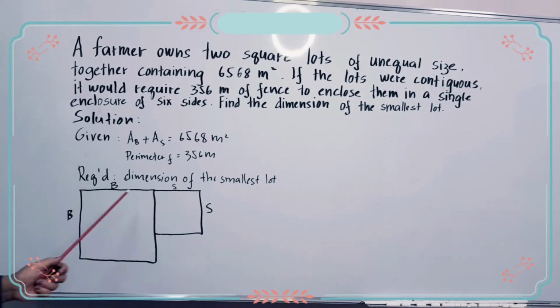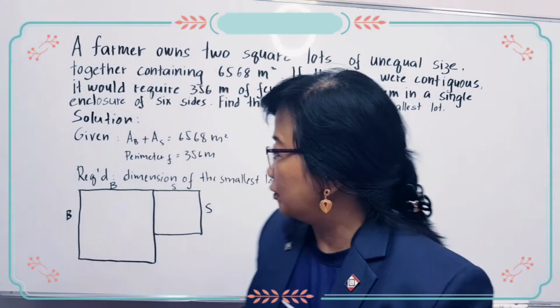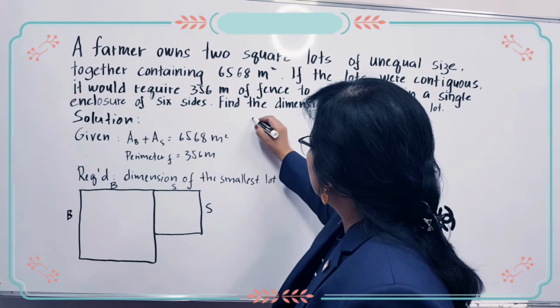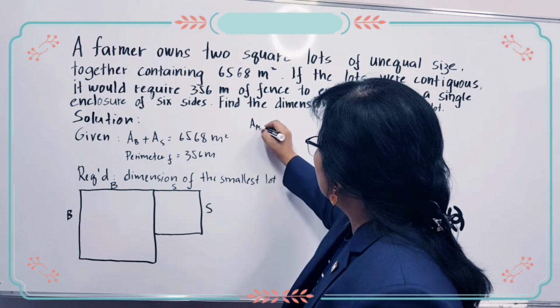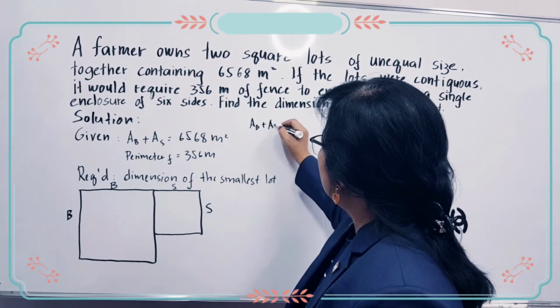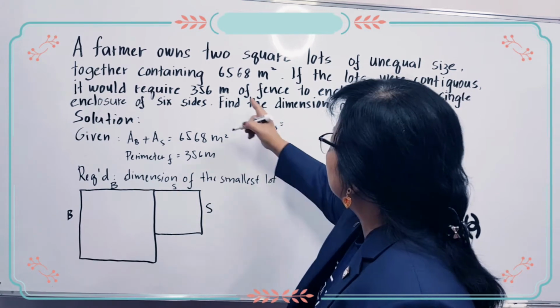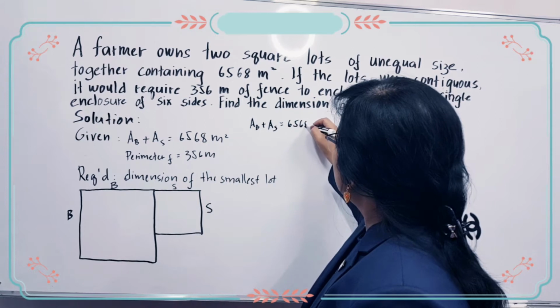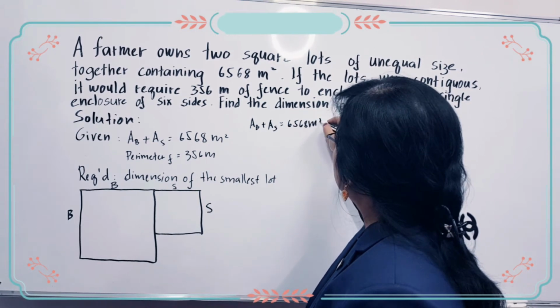So now, to solve this one, we have the area of the big one plus the area of the small one equal to 6568 meters squared.